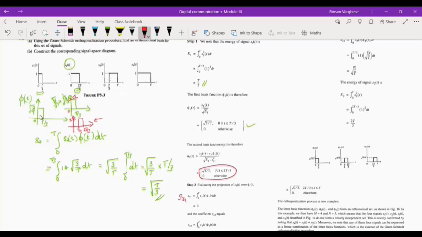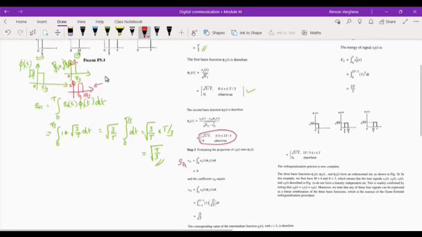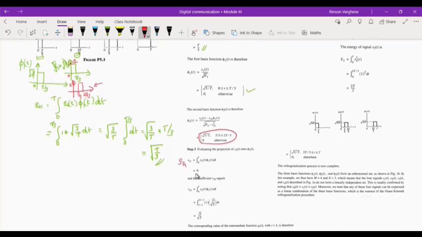That means it does not contribute to the third signal, so that's why you have 0 here.